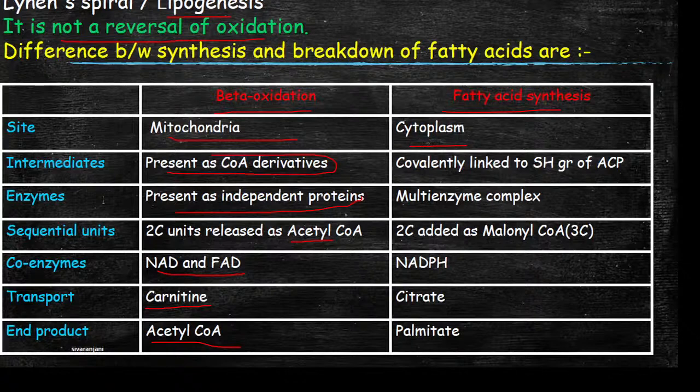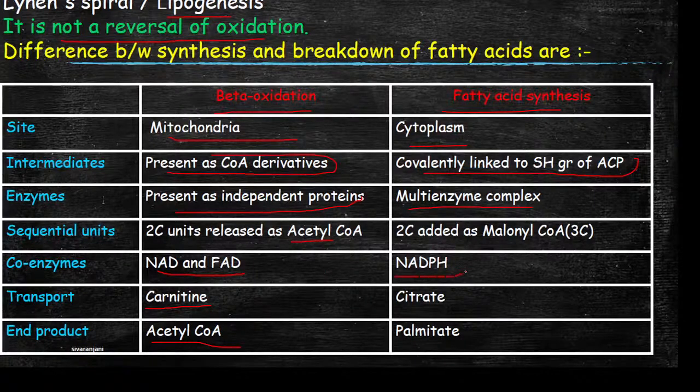In fatty acid synthesis, which occurs in the cytoplasm, the intermediates are covalently linked to the SH group of acyl carrier protein. The enzymes are present in the form of a multi-enzyme complex. Malonyl-CoA adds sequentially in each cycle, and the starting compound is acetyl-CoA.